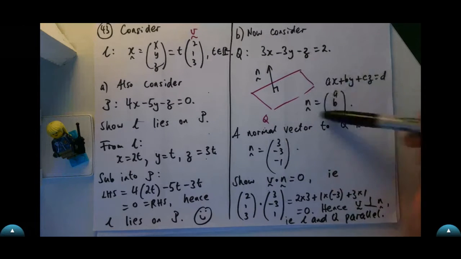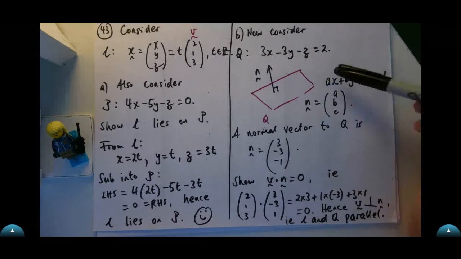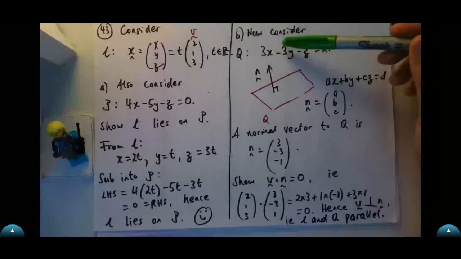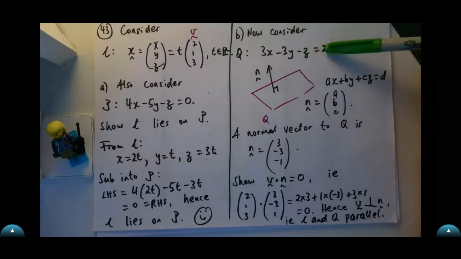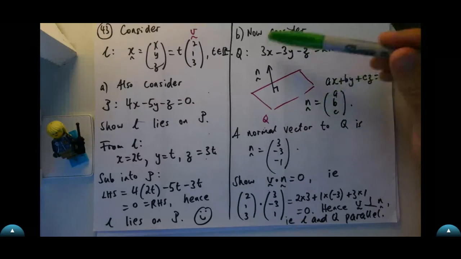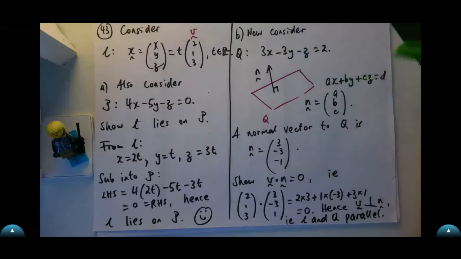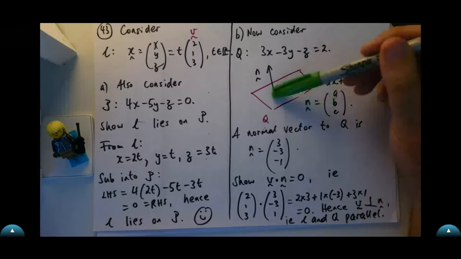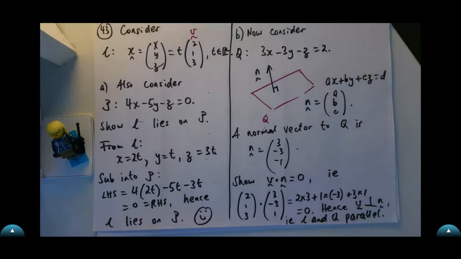Okay, so here's the general case. It's a good question. Okay, and you might not have seen this in lectures yet, but you will see it. Trust me. Okay, so if I have 3x minus 3y minus 1z equals 2, the normal vector is just the coefficients of these. Okay, so that's a very easy way to do it. Okay, and there is a geometric justification for that you will see in lectures.